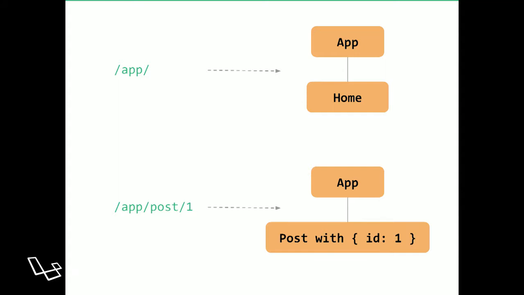But let's say the user navigates inside the application to /app/post1. Now, the state of the route has changed. So the application knows now, instead of rendering home inside the router view, I should be rendering the post component. And for the post component, you can define a dynamic segment, just like you do URL matching in server-side frameworks.